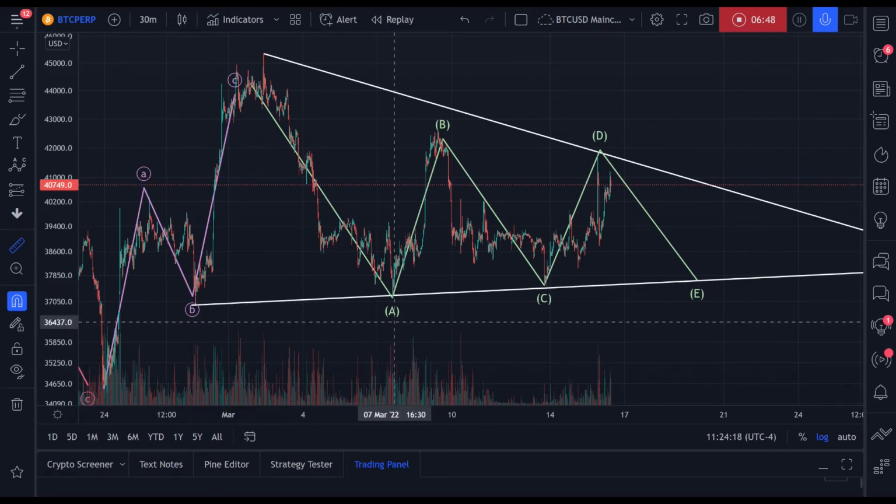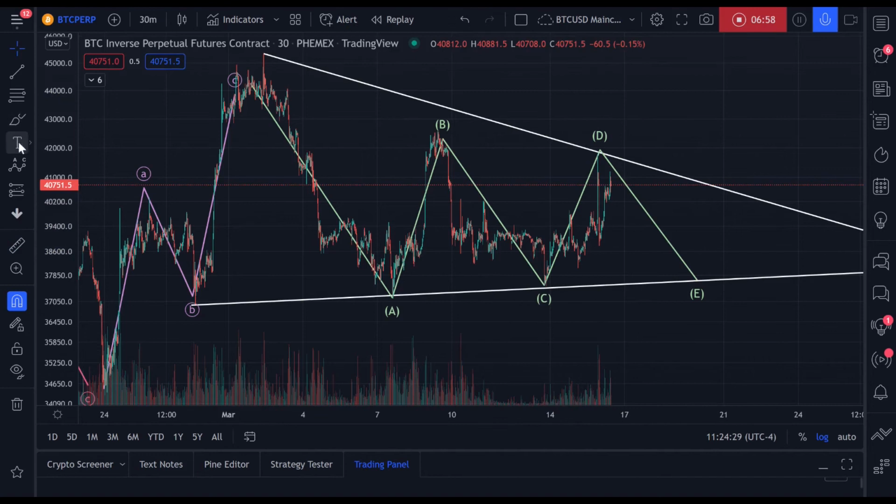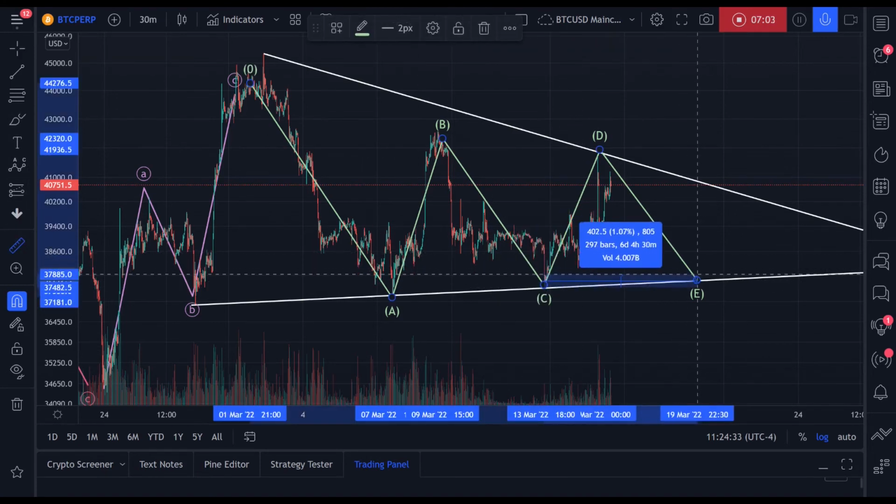So from the bottom of the A wave to the bottom of C, we have approximately 6 days. From the bottom of C to the bottom of E, we may also have approximately 6 days, which would put us around March 19th, March 20th, basically the end of March 19th Eastern Standard Time.